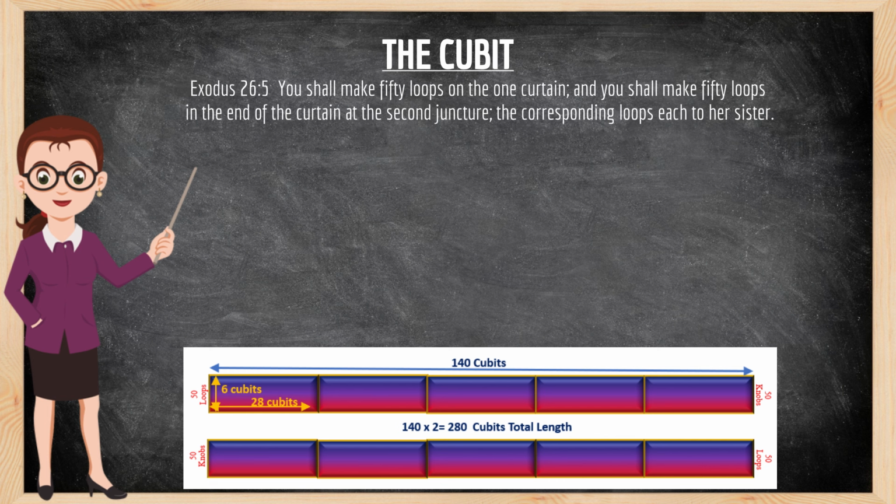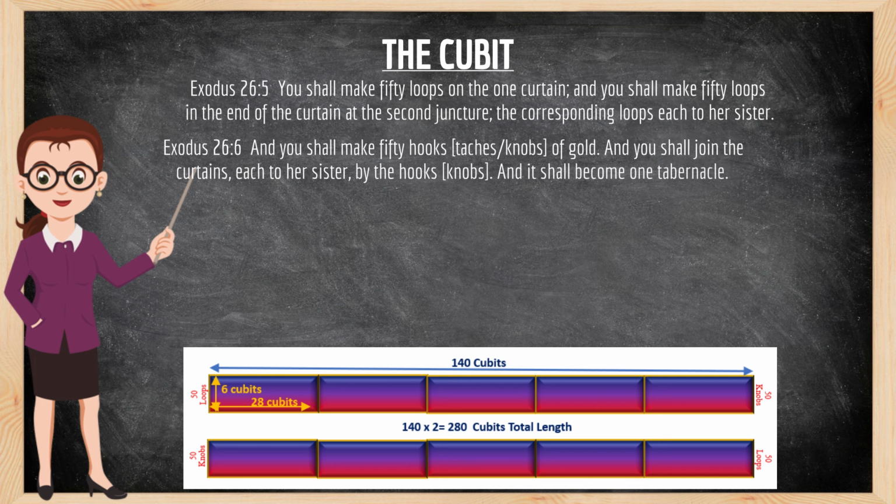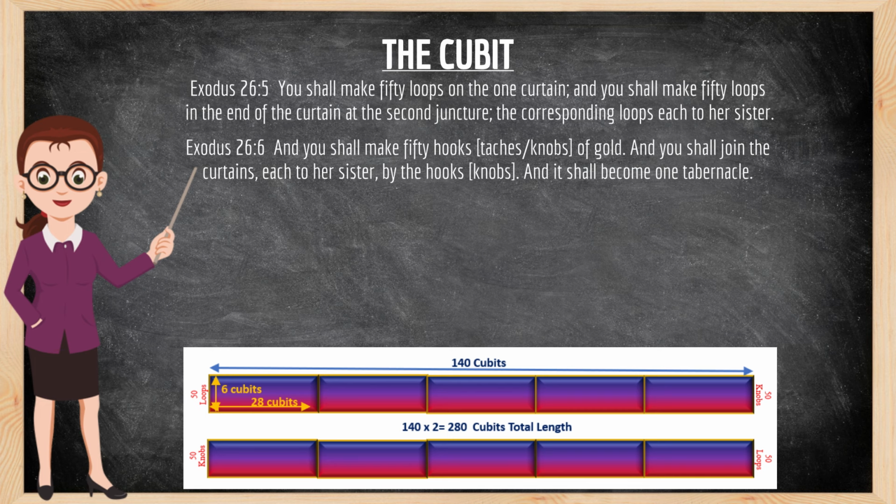Exodus 26:5. You shall make 50 loops on one curtain, and you shall make 50 loops at the end of the curtain at the second juncture. The corresponding loops, each to her sister. Verse 6, and you shall make 50 hooks, or knobs of gold, and you shall join the curtains each to her sister by knobs, or by the hooks, and it shall become one tabernacle.